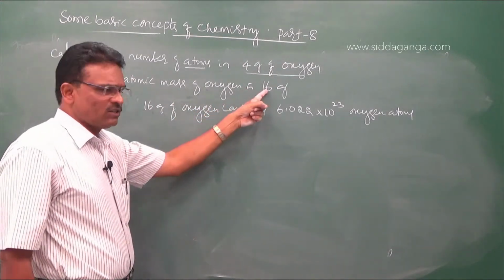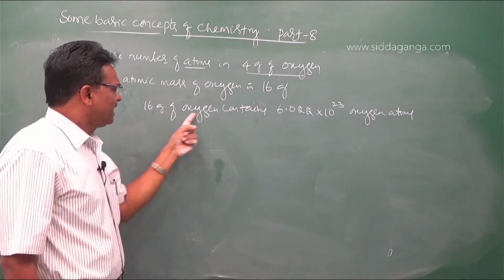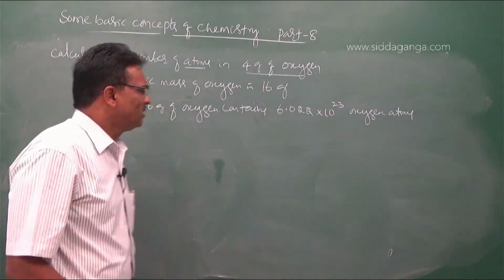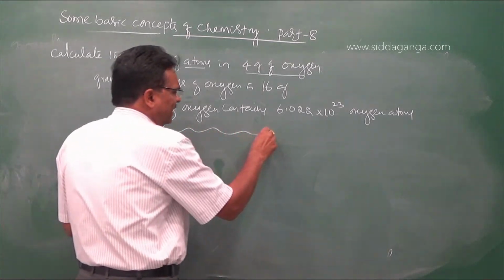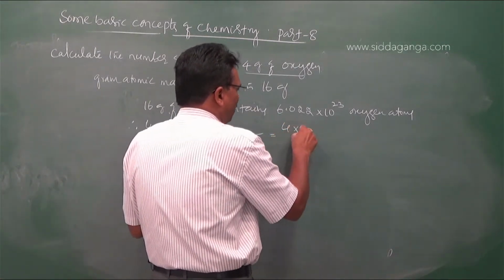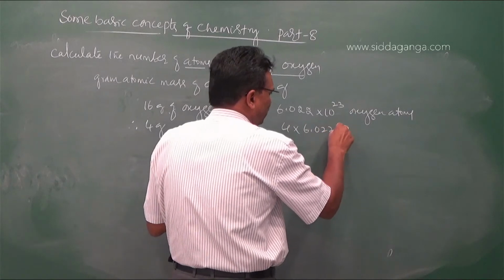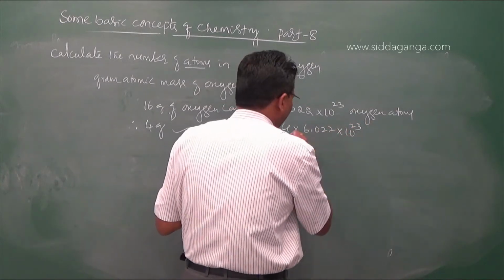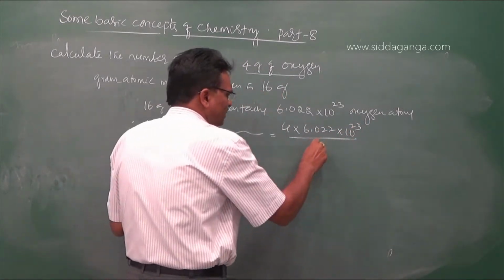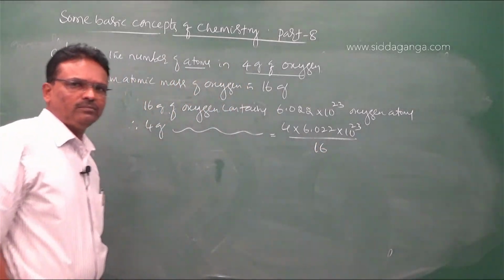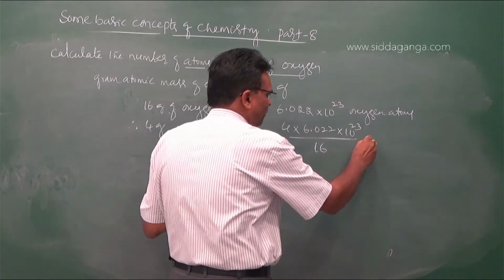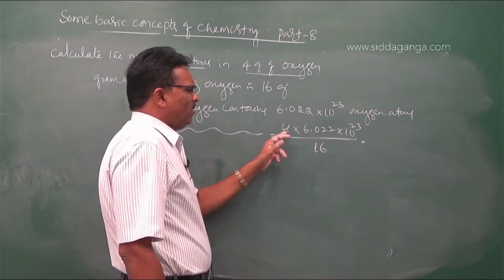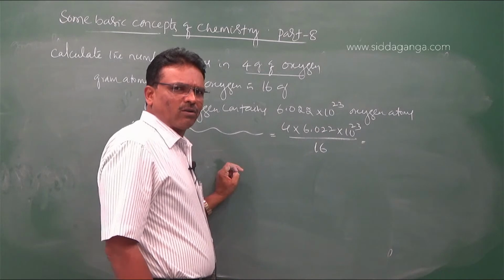Gram atomic mass of oxygen is 16 gram. 16 gram contains Avogadro number of oxygen atoms. Therefore, 4 gram oxygen contains 4 into 6.022 into 10 to the power of 23 divided by 16. Clear? So this is equal to 1/4 of the Avogadro number.